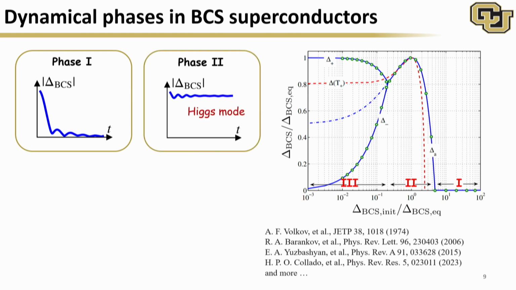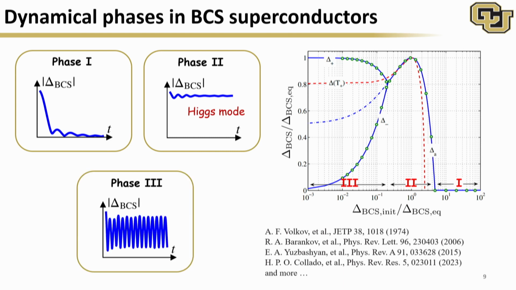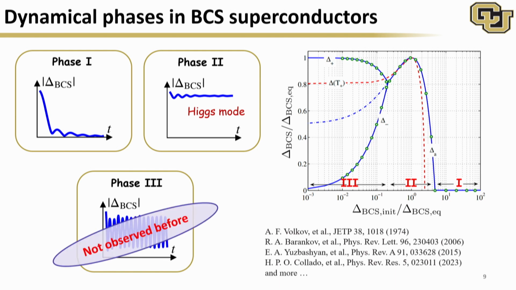In phase 2, instead of decaying to 0, the BCS order parameter saturates to a finite value, and the small wiggles of oscillation there are the excitation of the Higgs mode. Phase 3 is described by the permanent oscillation of the BCS order parameter. Of these three dynamical phases, phase 1 and phase 2 have already been observed, while phase 3 has never been observed before. So our goal is to observe all these dynamical phases in our experiment.